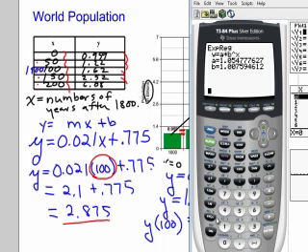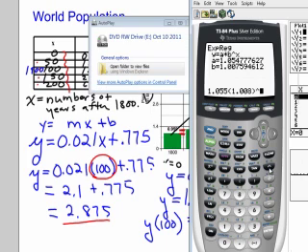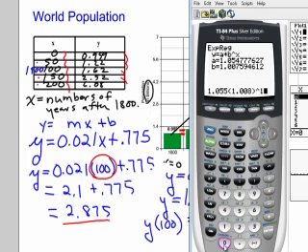So I'm going to have 1.055 times, and the calculator recognizes times with the parentheses, 1.008, close my parentheses, exponent key is the caret key, raised to the 100.